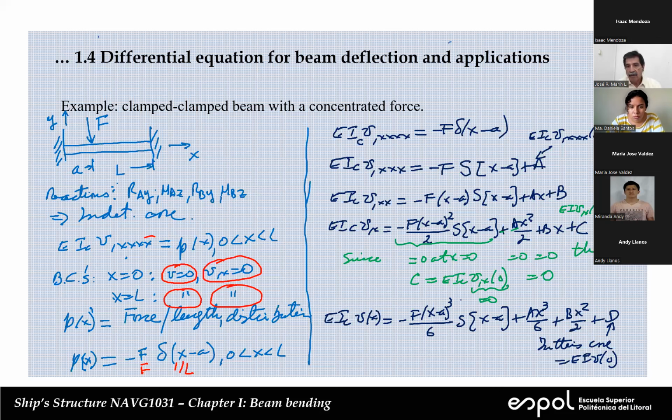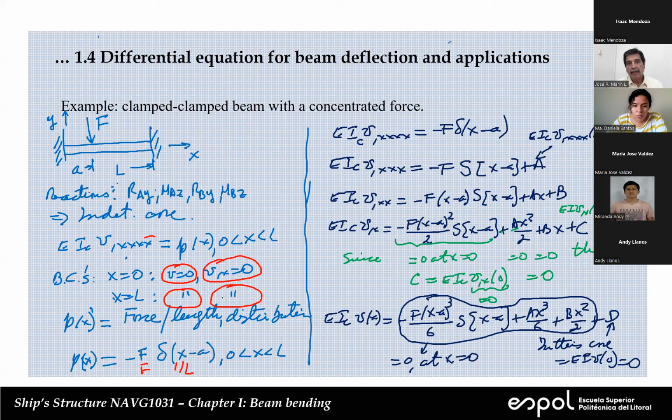Only in this case, since all of this term is equal to 0 at x equal to 0. So if this disappears, evaluating at 0, then this is equal to 0, and this, of course. So we have to determine two constants, A and B. And for that, we have two boundary conditions, displacement and rotation at L.